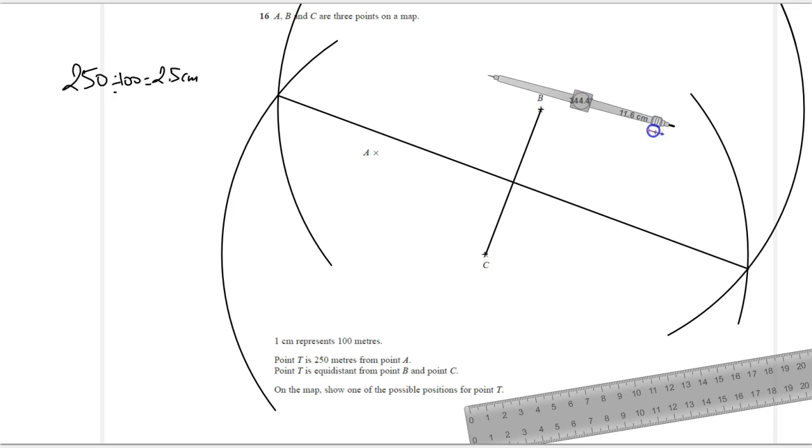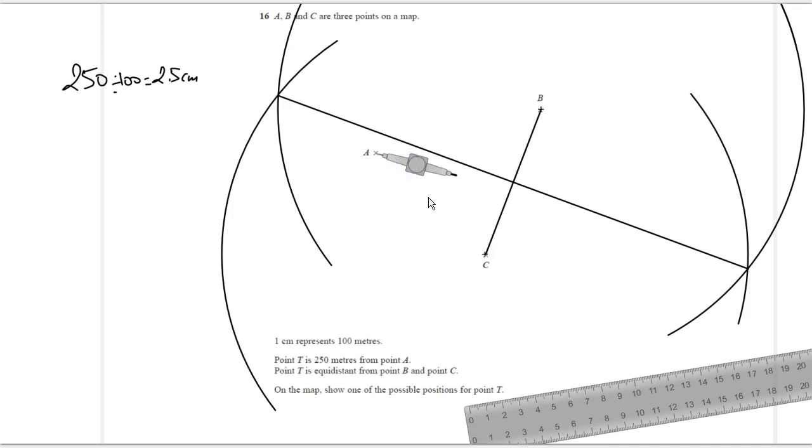So let's do that. The problem with my compass, as you can see, is it does not go smaller than 4 centimeters, right? The smallest radius it will give me is 4. So I'm going to draw it with 5 just to illustrate. That's what you do, but you should have yours at 2.5 centimeters.